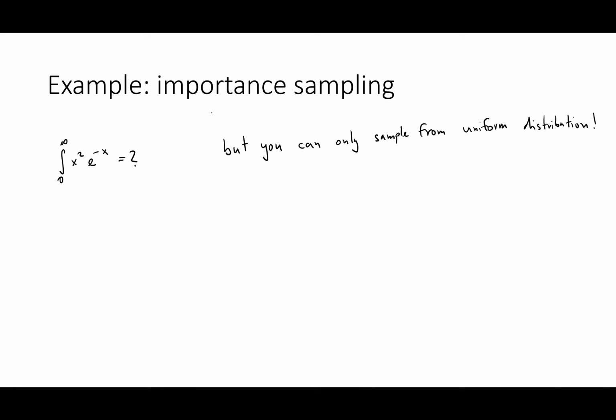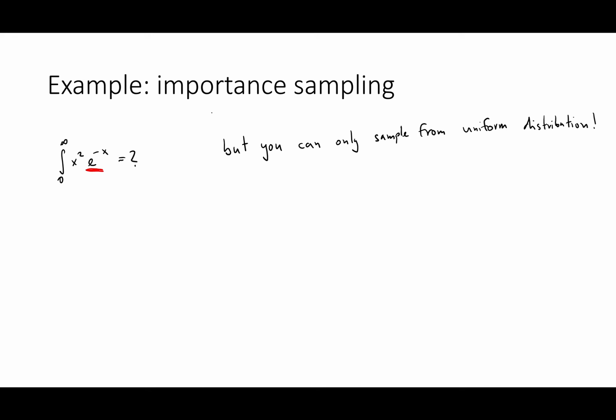All right, so let's go over the importance sampling example. We have this familiar exercise. We have this integral, and now we are bound to not sample from the exponential distribution with lambda equal to 1, but can only sample from the uniform distribution.